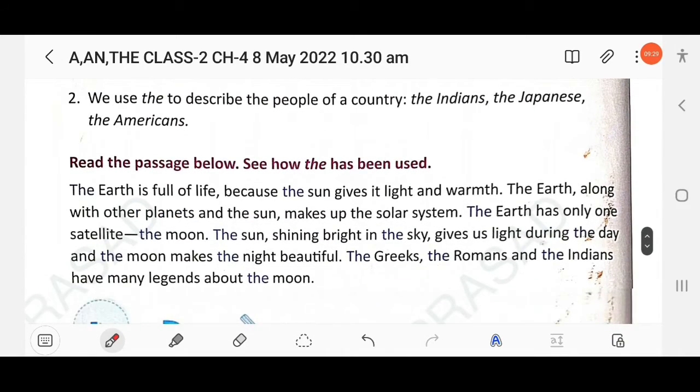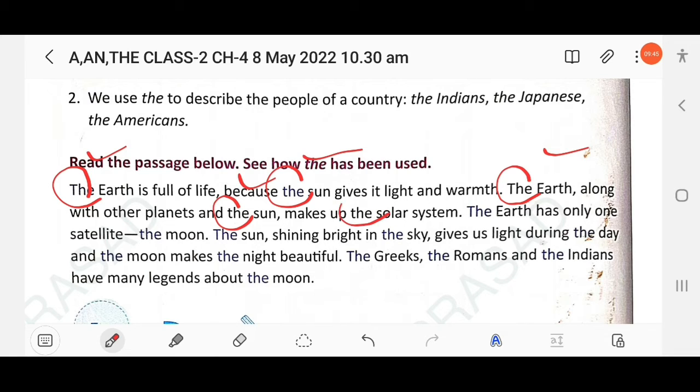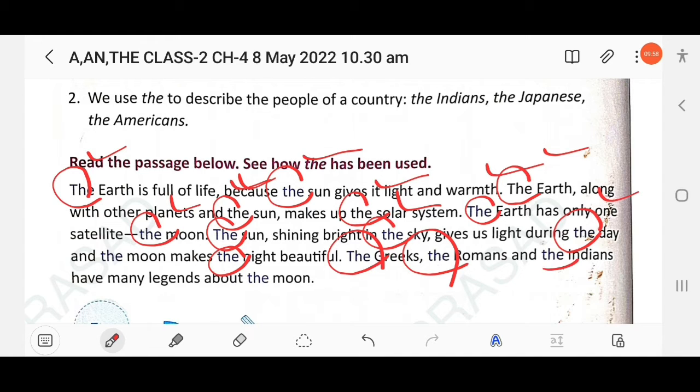read the passage below and see how the has been used. So here, the earth, the sun, the solar system, the earth, the moon, the sun, the sky, the day, the night, the Greeks, the Romans, the Indians, the moon.